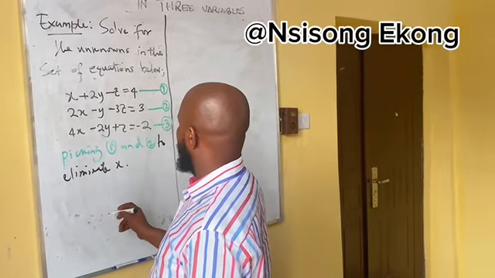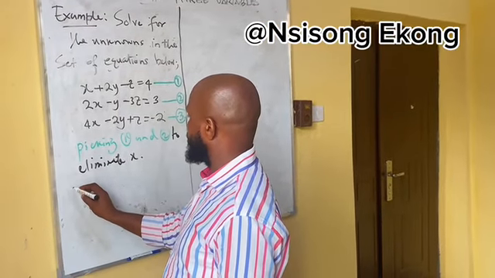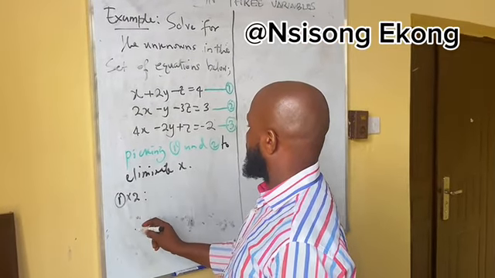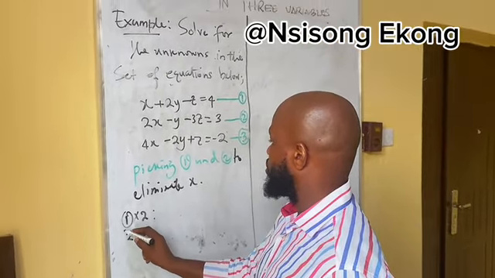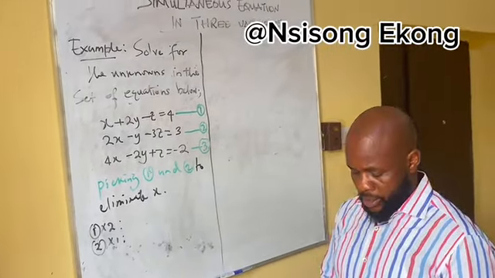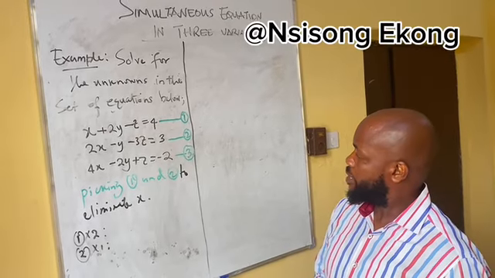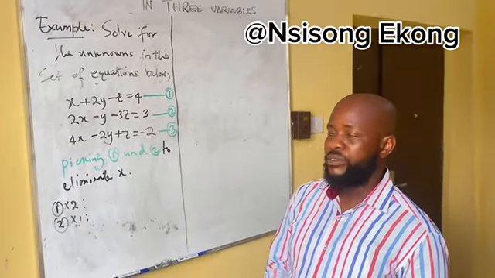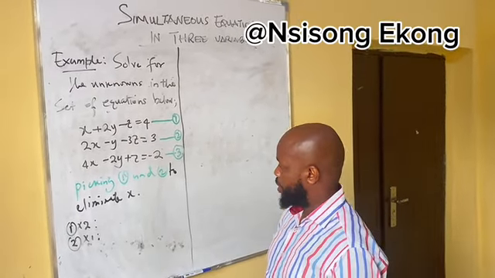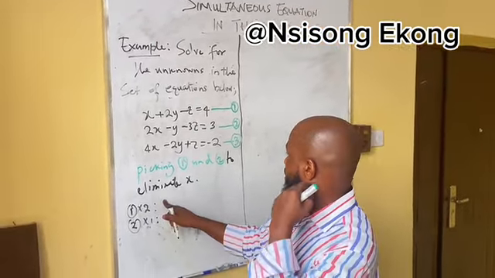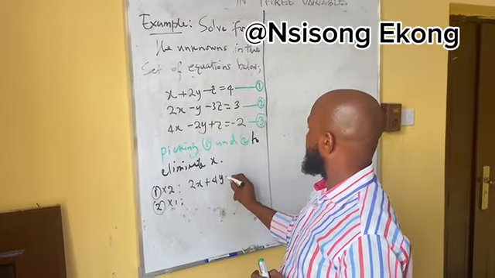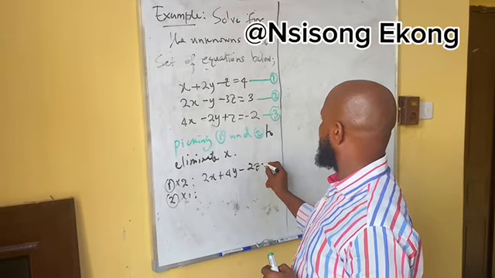So, to eliminate x, we'll multiply equation 1 by 2, and we multiply equation 2 by 1. We do that so that the coefficient of x in equation 1 and the coefficient of x in equation 2 will be the same, and that will enhance the elimination. So this turns to 2x plus 4y minus 2z equals 8.